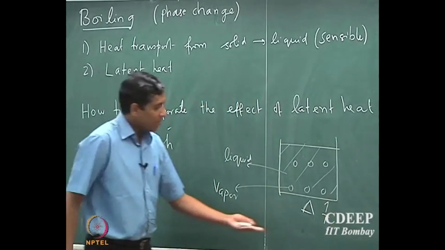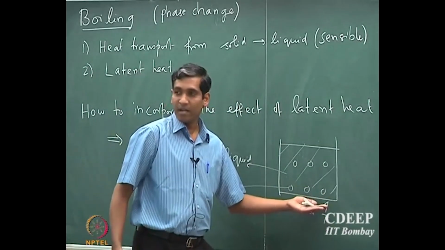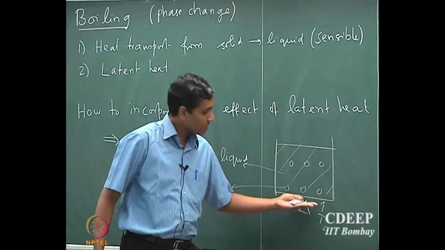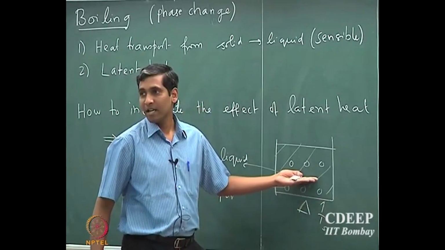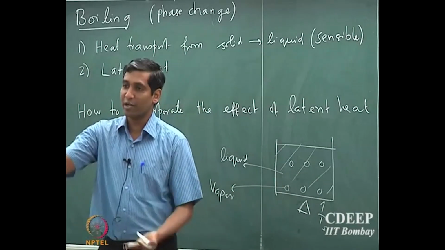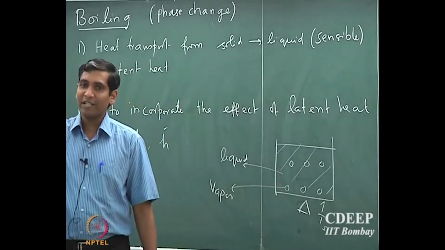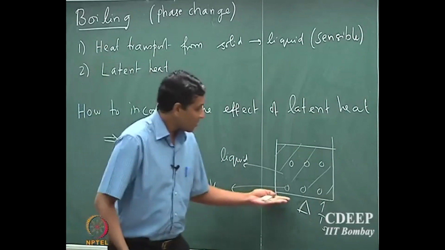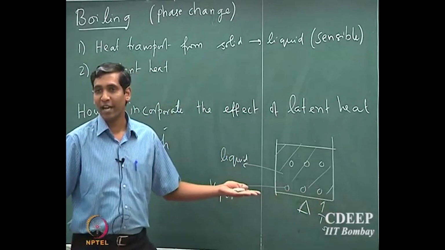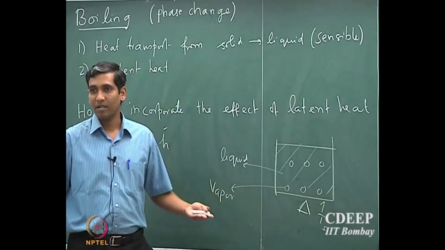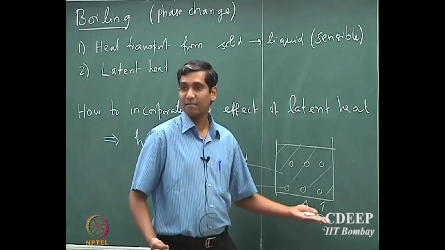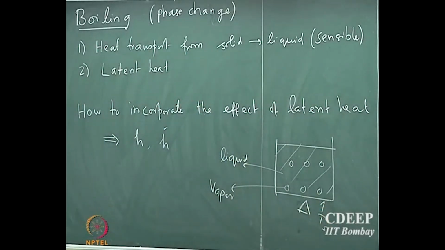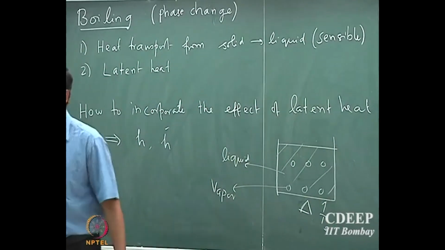So, I keep supplying heat, and whatever energy is supplied to the surface is taken up by the fluid, and the fluid sensible heat is going to increase, and the moment it reaches the boiling point or the saturation temperature at the given conditions, some fraction of this fluid is going to get converted into vapor phase. Now, if I continue to further heat, more fluid is going to become vapor, and that is what we have observed when we actually heat water in our kitchen, right.